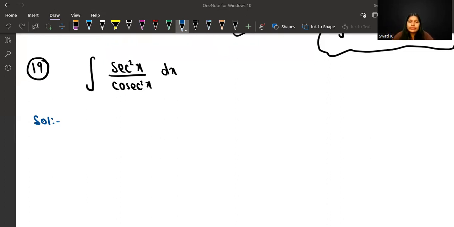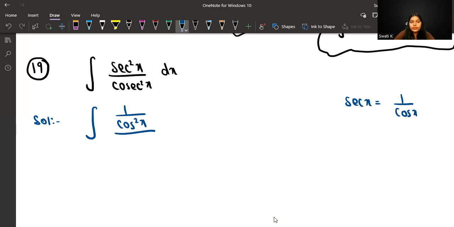The very simple thing is to convert everything into sine and cos. We know sec x is 1 upon cos x, so it becomes 1 upon cos square x, and cosec x in terms of sin x is 1 upon sin x, so the denominator becomes 1 upon sine square x, dx.